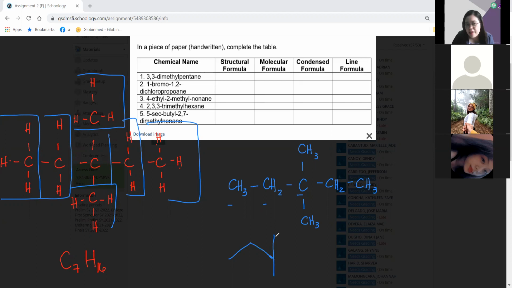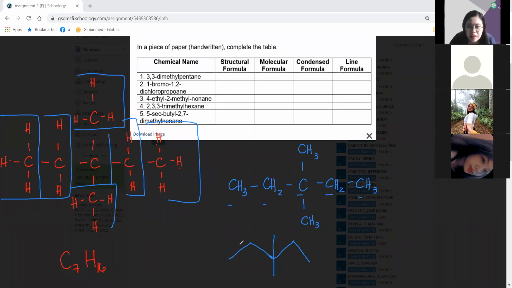So yung ends na yan, merong carbon. And then let's move on with the next carbon. So you just write a line going up, and lastly a line going down. So this one now is our line formula for our 3,3-dimethylpentane.